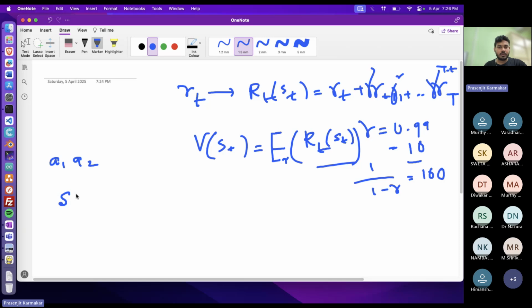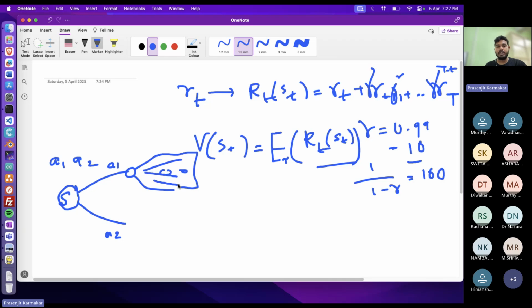Based on the action, you take some trajectory into the future, with all possible trajectories here and all possible trajectories here. So you get a total reward. Let's say this is S dash and this is S double dash. You get some reward here too, let's say R1, and then this entire part gets some total reward.